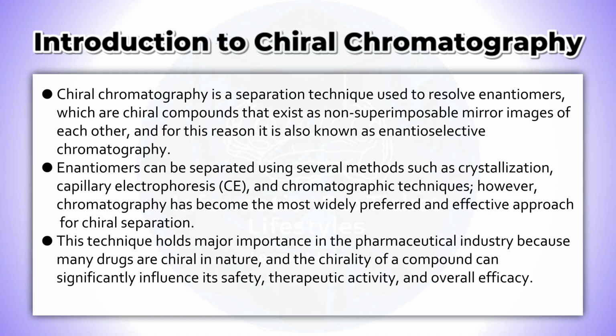This technique holds major importance in the pharmaceutical industry because many drugs are chiral in nature, and the chirality of a compound can significantly influence its safety, therapeutic activity, and overall efficacy.